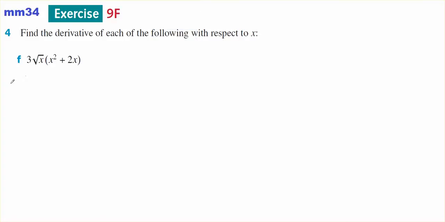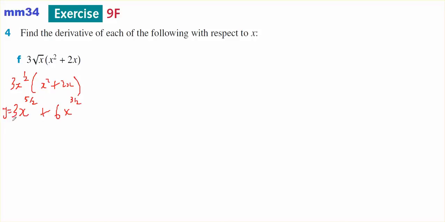So I'm going to turn this into 3x to the half times x squared plus 2x and multiply out. I get 3x to the half plus 2, which is 5 on 2, plus 3 times 2 is 6, x to the half times x to the 1 is x to the 3 on 2.